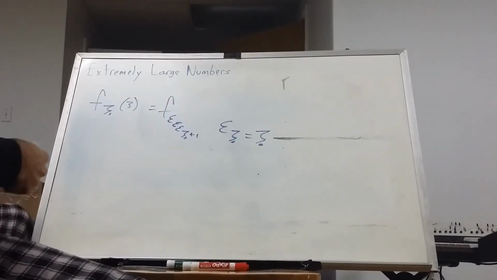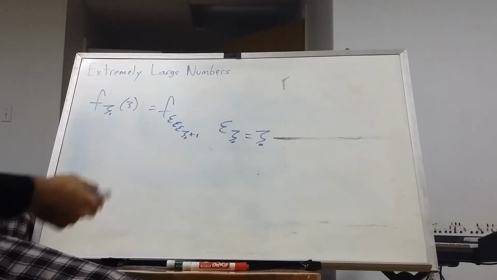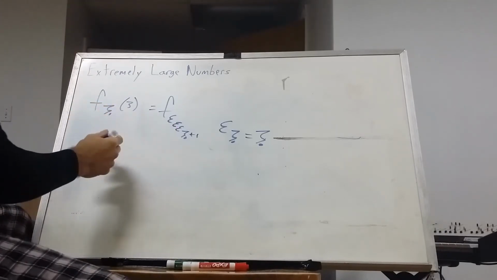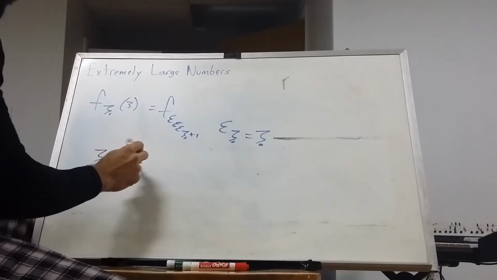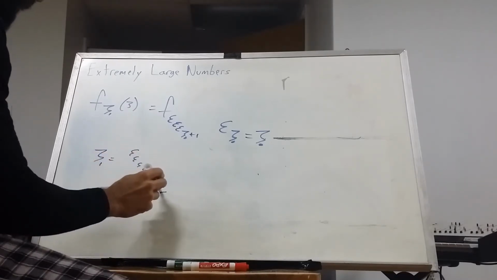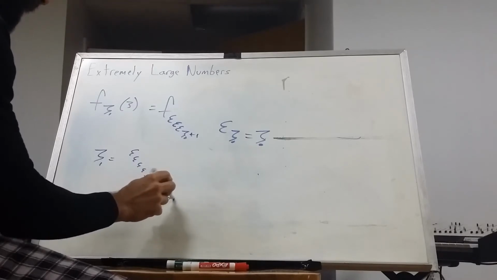Now you can kind of see where this trend is going. We can do the same thing here, so we can go Zeta 1 is equal to an infinite nesting of epsilons with Zeta naught plus 1 at the very bottom.